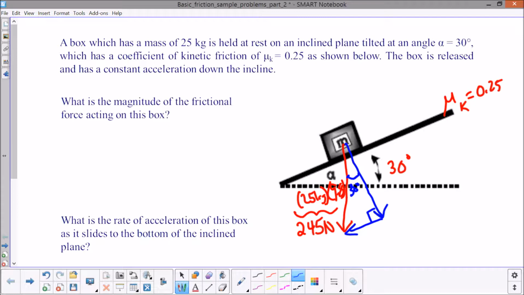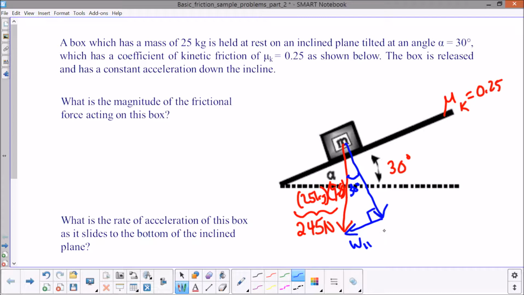Unlike the problems where there was no friction and all we really needed to find was the parallel component of the weight, in this problem we need to find both, because the normal force is going to depend on the perpendicular component of the weight, and the force of kinetic friction will depend on the normal force.